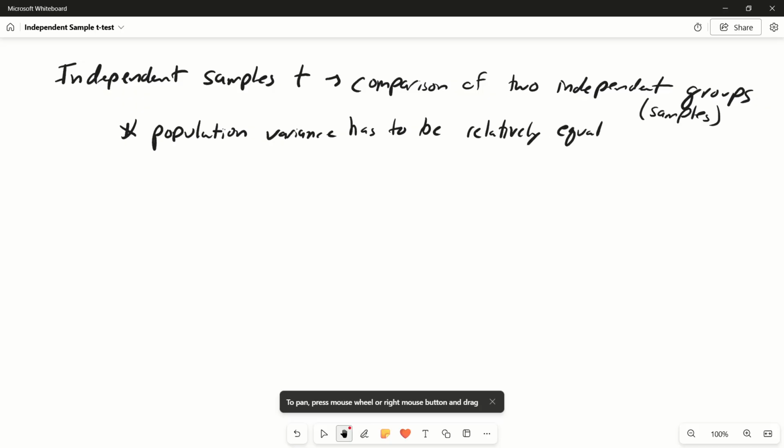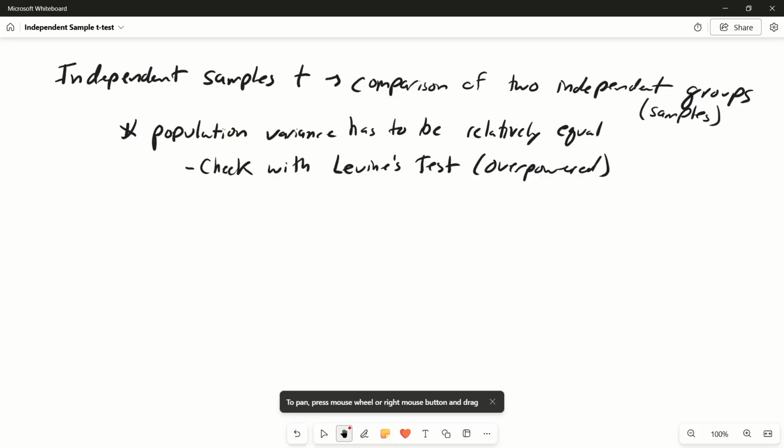And you can check that. We did this in SPSS. You could also use Levene's test, right? Check with Levene's test. I'm not a big fan of Levene's test. Levene's test is overpowered, in my opinion. That means that it's too easy to reject the null using Levene's test if you have a bigger sample.